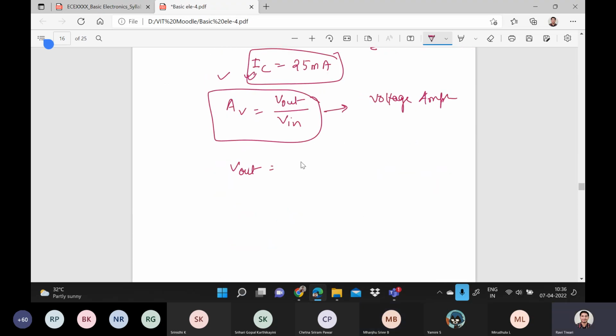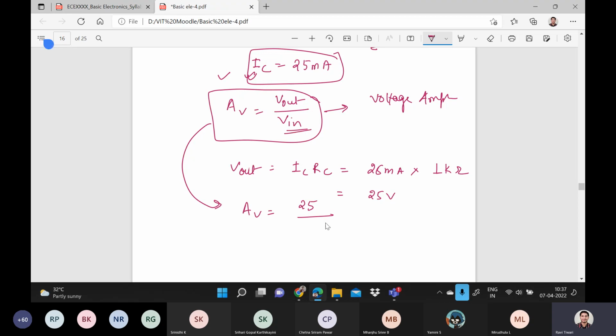So V out will be equals to IC into RC, which is 25 milliamps times RC, which is given to us as 1 kilo ohm. So that will be equals to 25 volts. And we have to find out the voltage amplification. AV is equals to V out, 25, divided by V in.